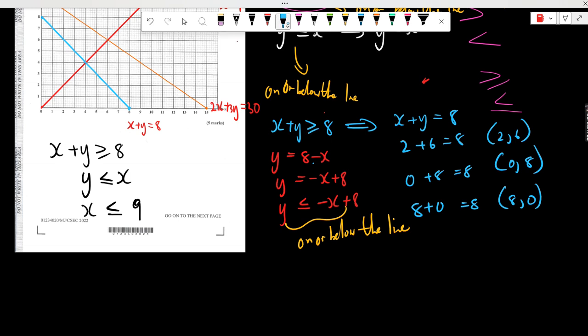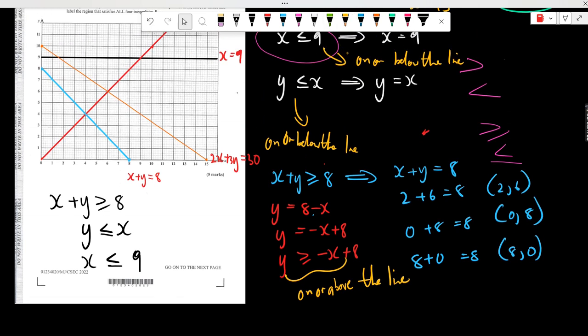So I have to change this now. So y is greater than or equal to minus x plus 8. So this one should be on or above the line. All the others are below, but this one is above.